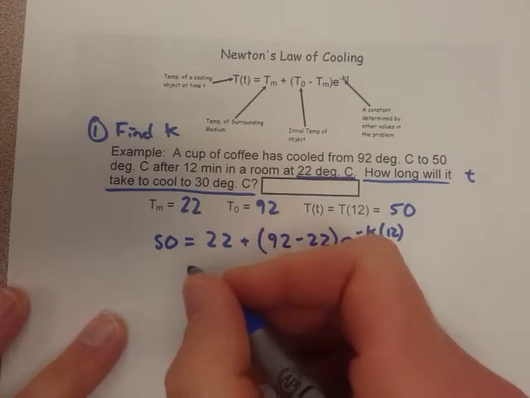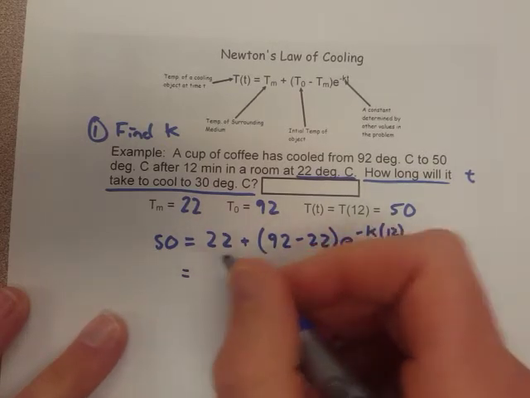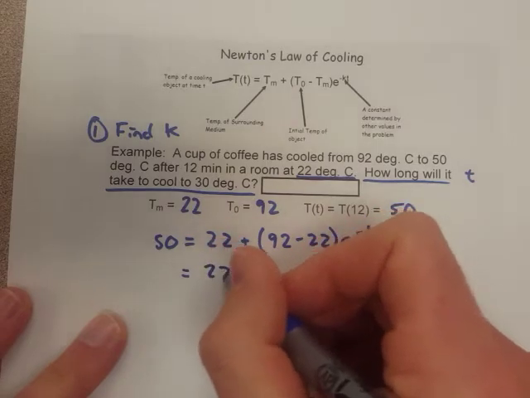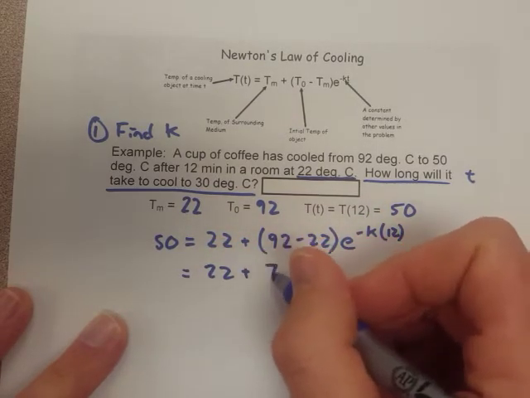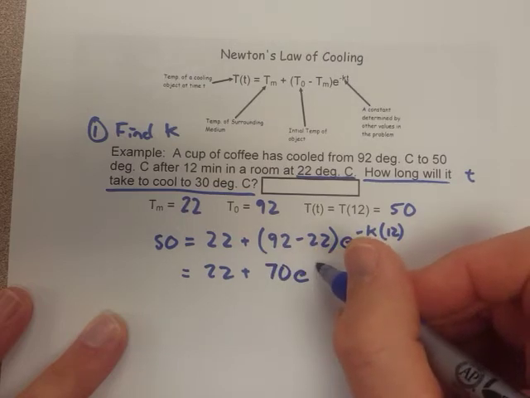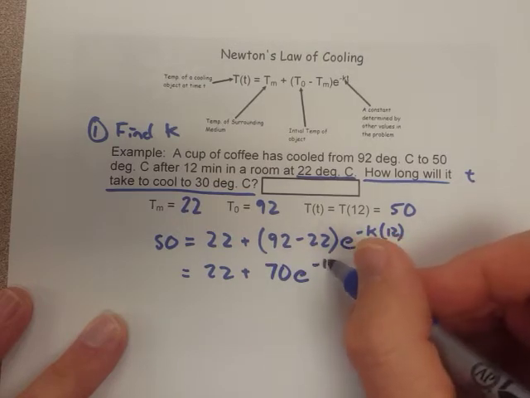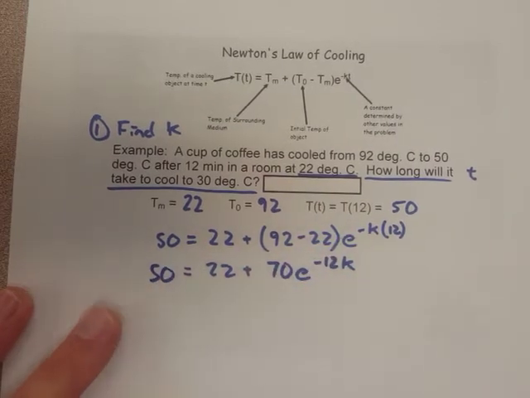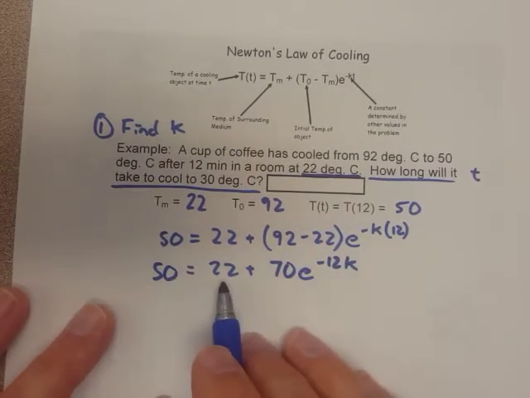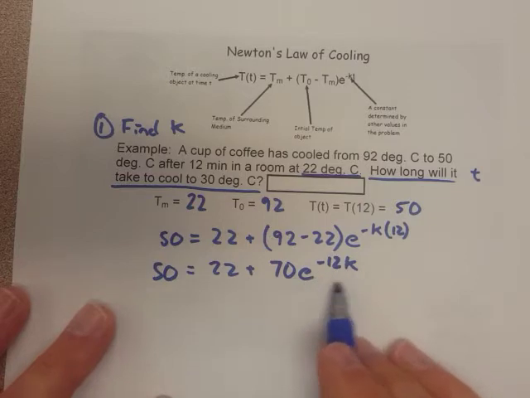So let's start by simplifying some things. We can say that 92 minus 22 is 70. e to the negative, we'll go with 12k just to make that look a little better. It was 50. Now we have to get this e stuff by itself.